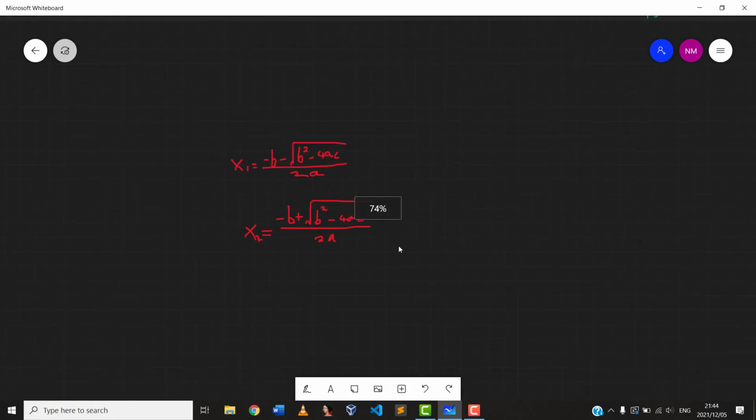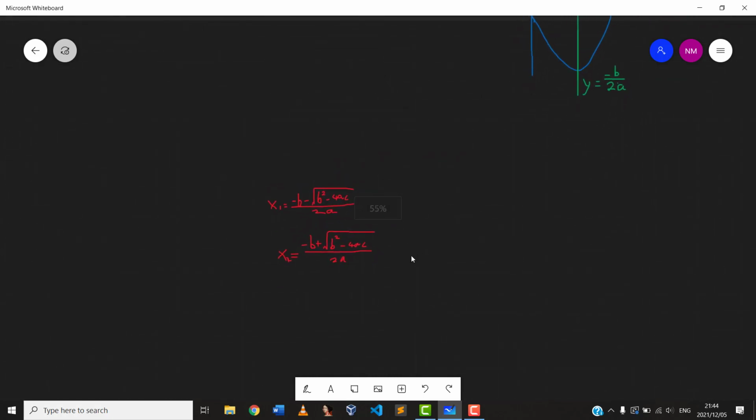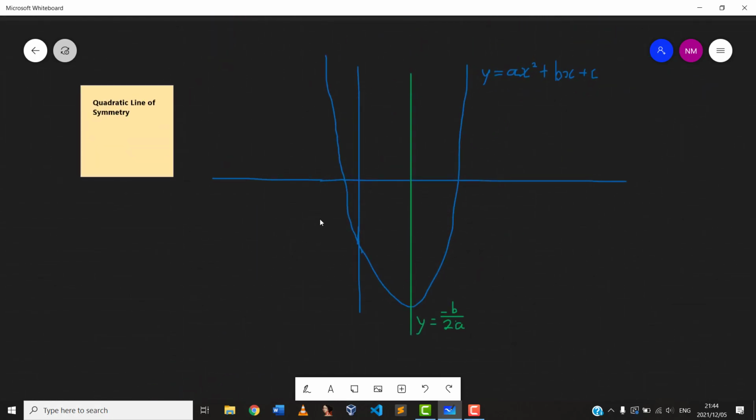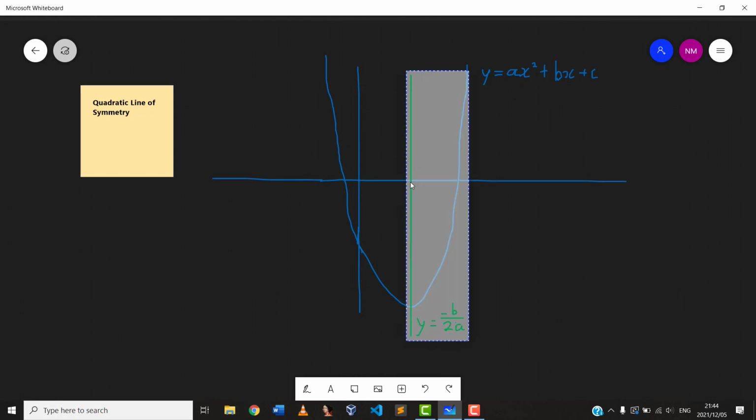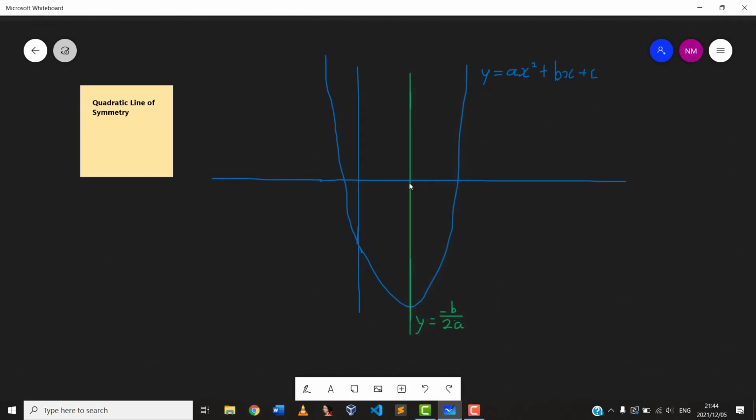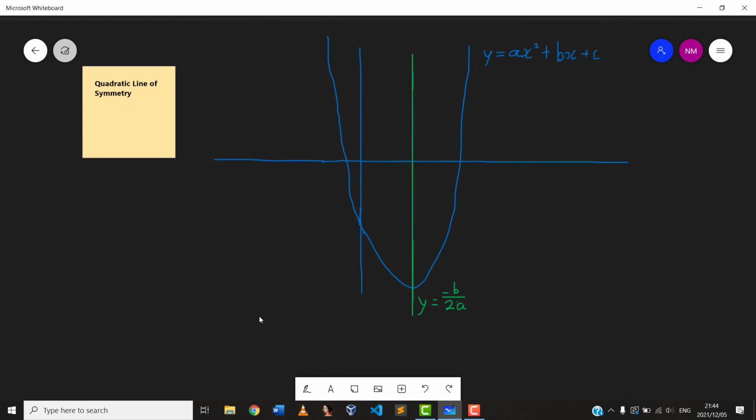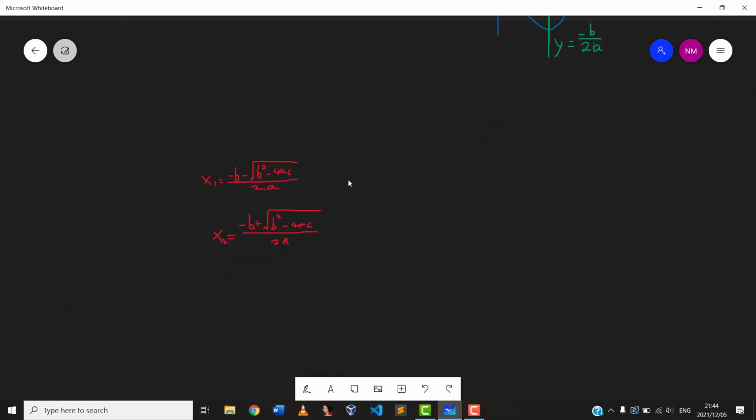So these are our two roots, minus b minus and minus b plus, right? And intuitively, this x value here would be equal to the average of this and this, because it's in the middle. So let's try and do that to get the x value.